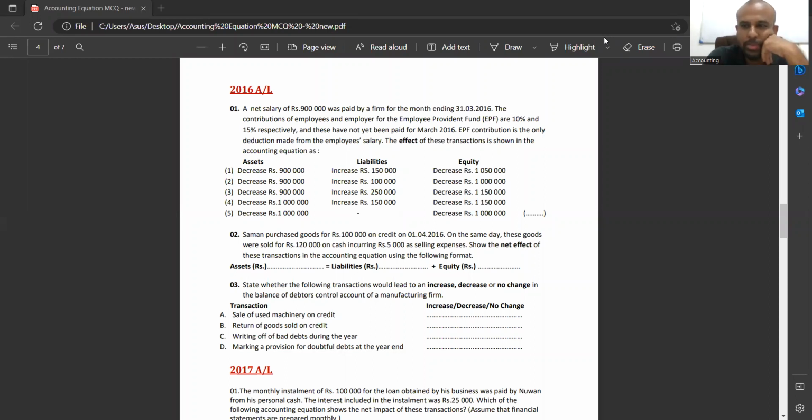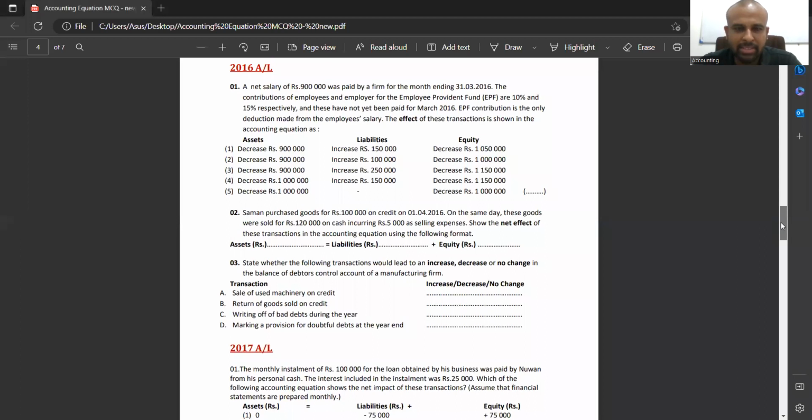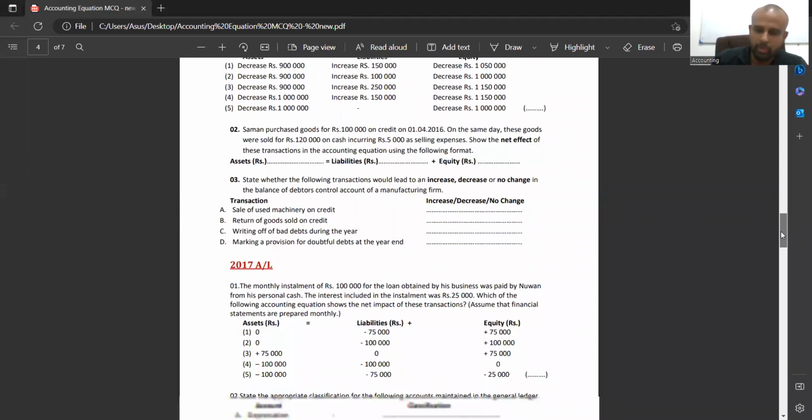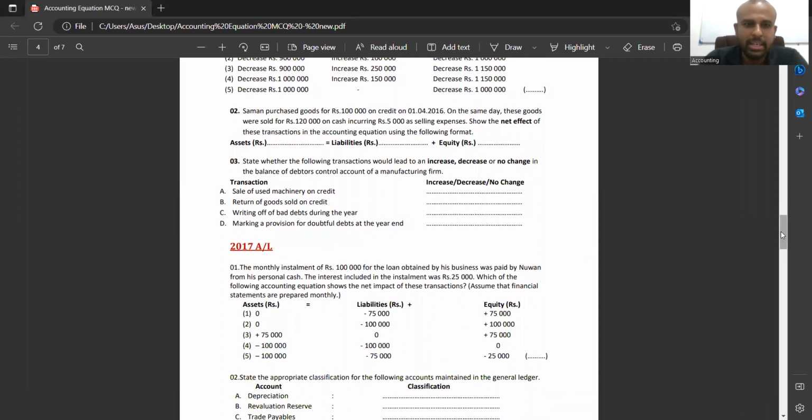But the first question I'm not going to discuss with you all, because EPF and ETF we haven't done for most of the students yet. Therefore, we'll keep the EPF and ETF questions, but we will do them later. We will move to question number 2, 2016 A-level paper.